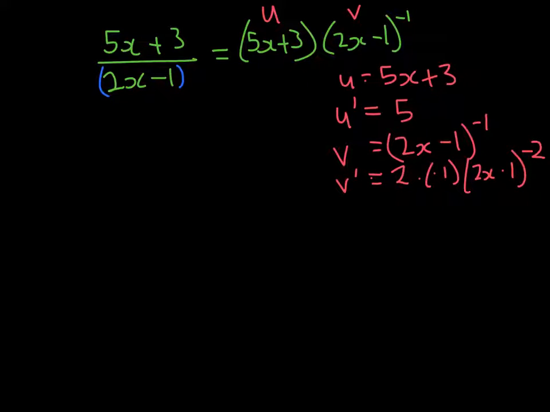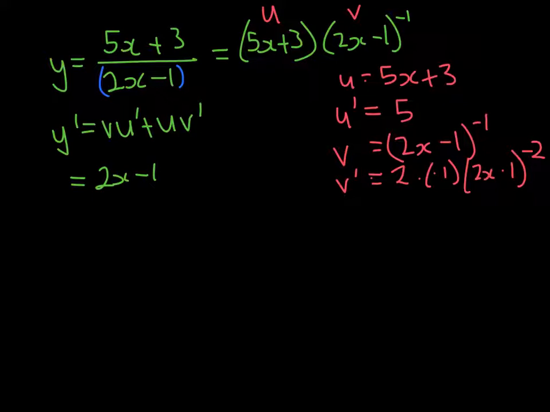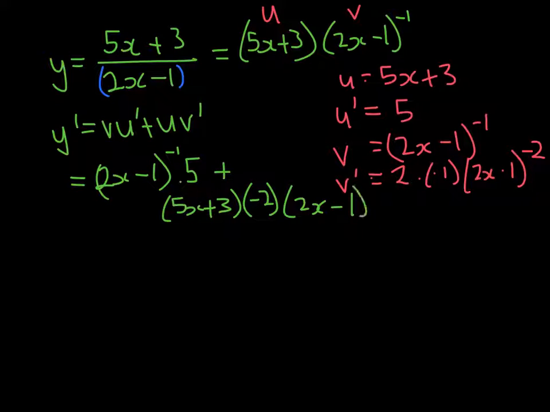And when we put all of this together, just to remind you that if y is equal to that function, then y dash will be equal to v u dash plus u v dash, and the function v is 2x minus 1 to the power of minus 1, and u dash is times 5, plus the original function u, which is 5x plus 3, times the derivative of v, which will be minus 2 times 2x minus 1 to the power of minus 2.